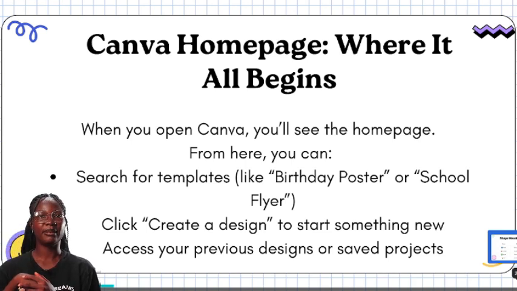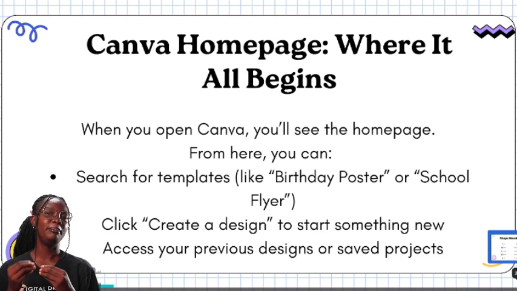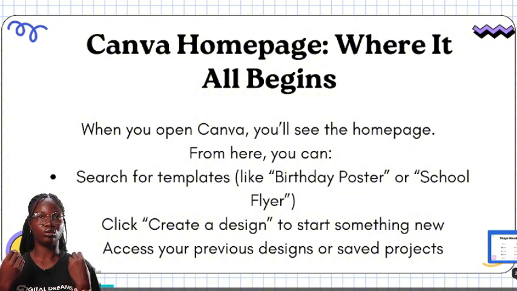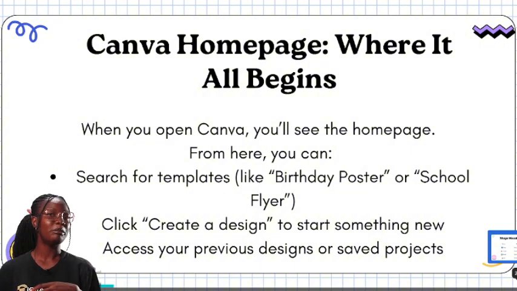Then we also have templates in Canva. Templates are basically where you get already made designs. Most of the time when you want to design, you don't know what to do, or maybe it's time-consuming to start a design from the beginning.